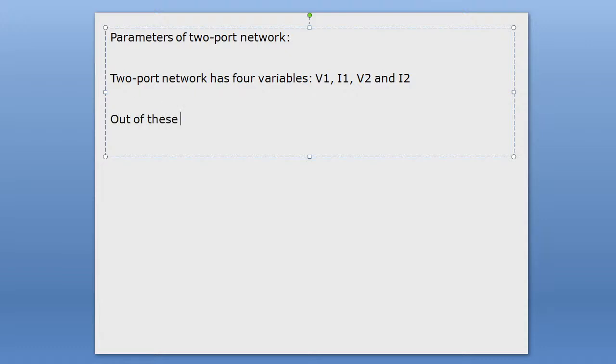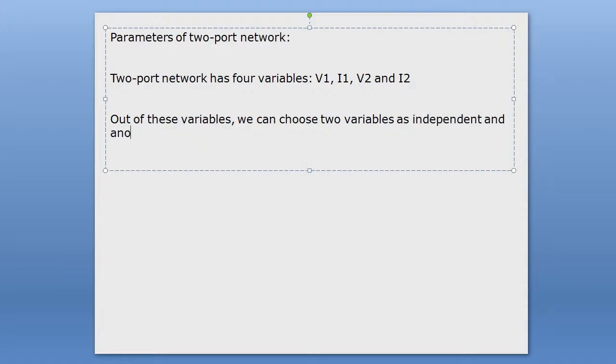Out of these variables, we can choose two variables as independent and another two variables as dependent variables.